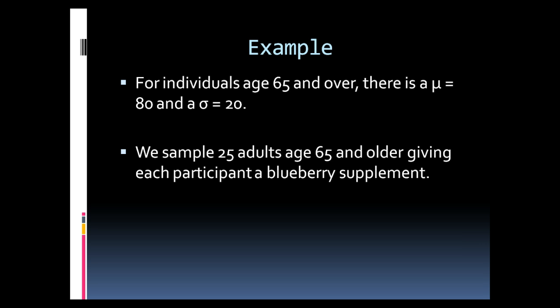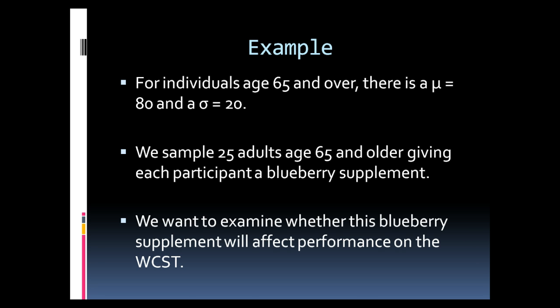So let's say we want to look at the effect of blueberries on performance on the Wisconsin card sorting test. So we're basically wanting to determine whether the ability increases or decreases as a result of a blueberry supplement, so the actual performance on the test.